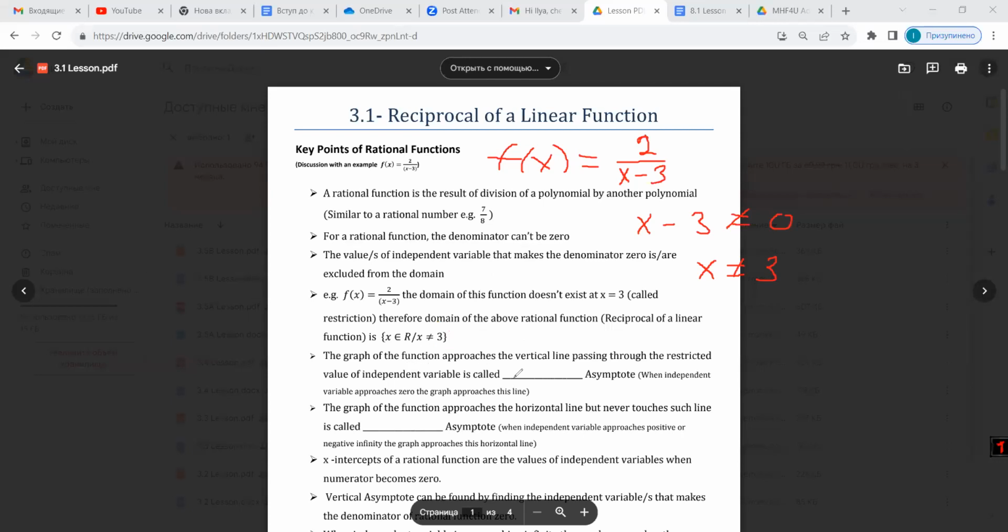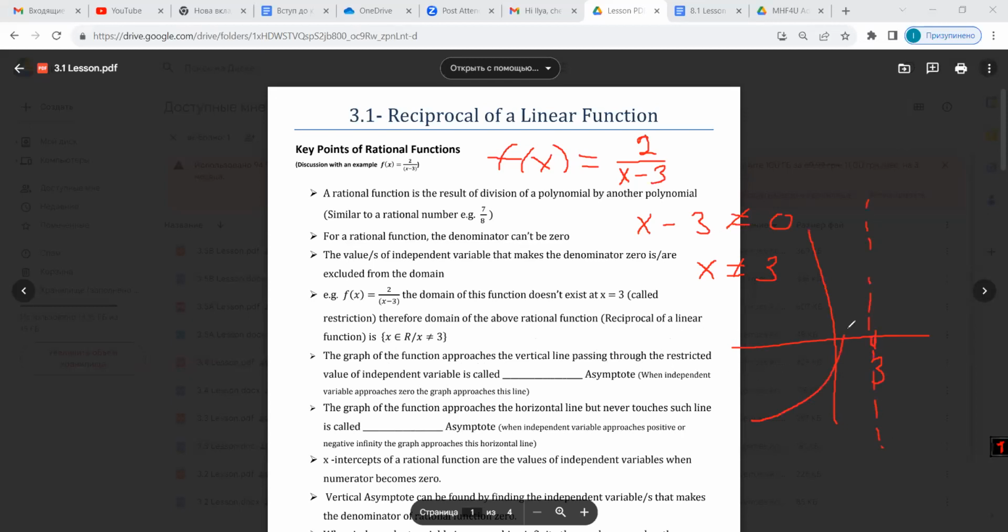The vertical line that the graph of the function approaches, passing through the restricted value of the independent variable, is called what? For example, our graph has an excluded point when x equals 3. Let's sketch a line.